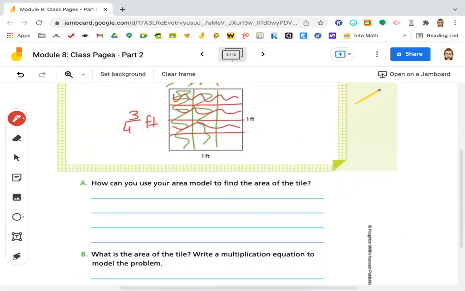Then it says, how can you use your area model to find the area of the tile?